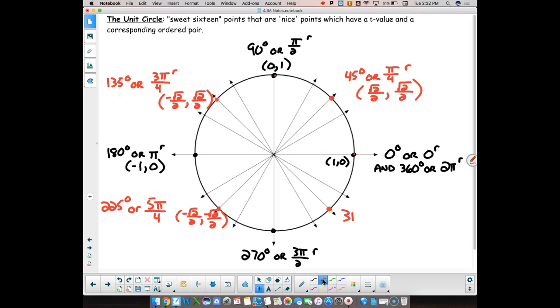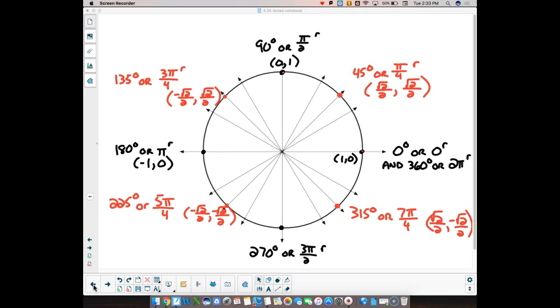Radian, coordinates: square root 2 over 2, comma, negative square root 2 over 2. Okay? 8 points on our circle. Halfway there to 16.